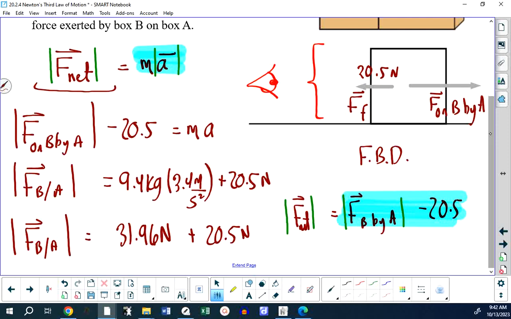I have to push, and we'll talk about this next week when we introduce the concept of friction, I have to push up to 20.5 newtons before the thing even starts moving. If it's a force of friction of 20.5 newtons and I push on it with 20.4 newtons, nothing happens. So, out of my force wallet, I have to pay 20.5 newtons, and then I can worry about the net force.